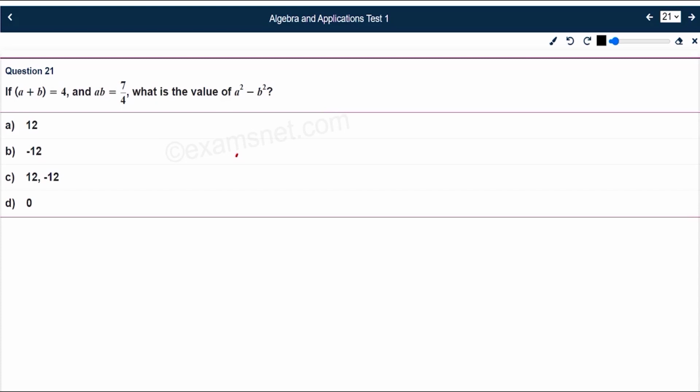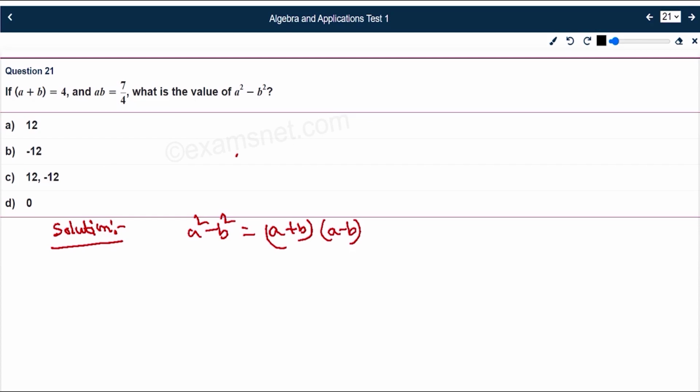Next, question number 21. If a plus b equals 4 and ab equals 7 by 4, what is the value of a square minus b square? I hope you all can remember the identity a square minus b square equals the product of a plus b and a minus b, correct?